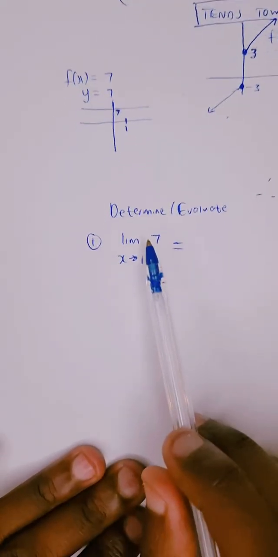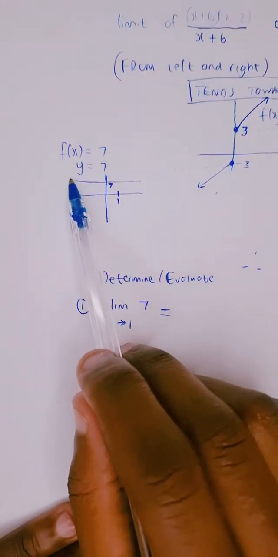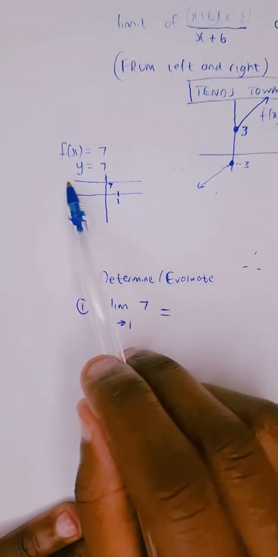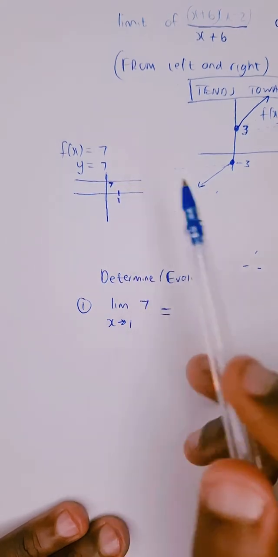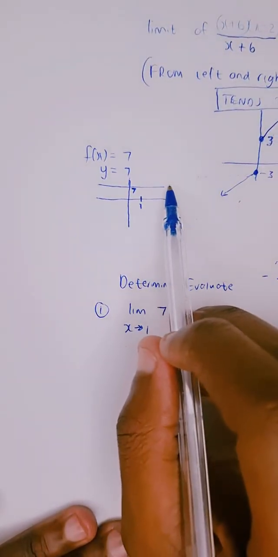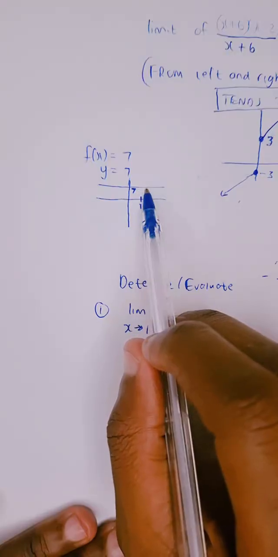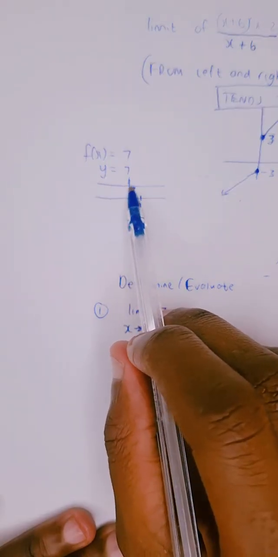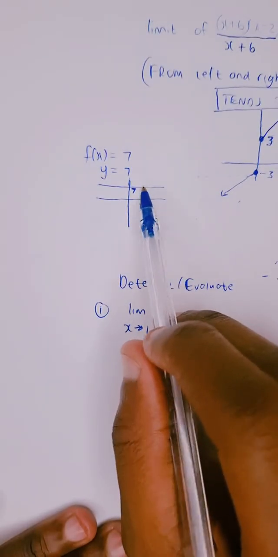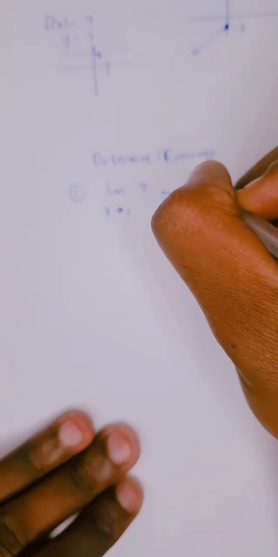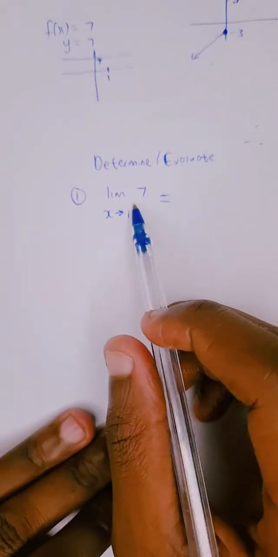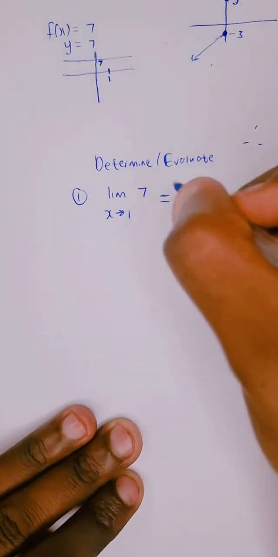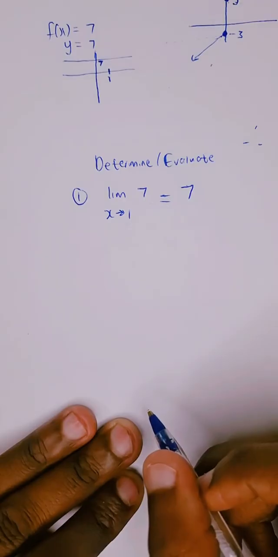Because for any constant, which represents a horizontal straight line, we are approaching the same value. So as we approach from the right, the y value is 7. As we approach the x value of 1 from the left, the y value is still 7. Therefore, the limit of 7 as x approaches 1, where 1 represents both left and right, has the same value that we are attaining, and that same value is 7.